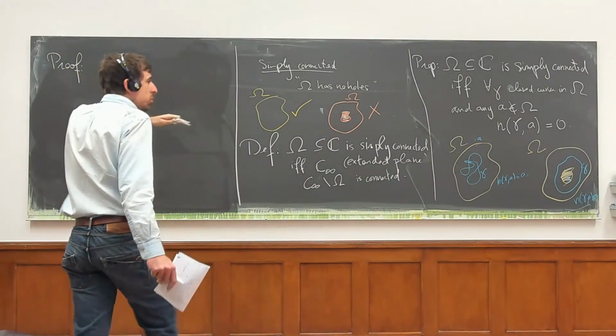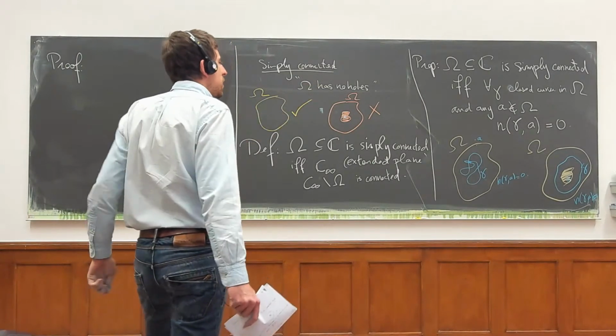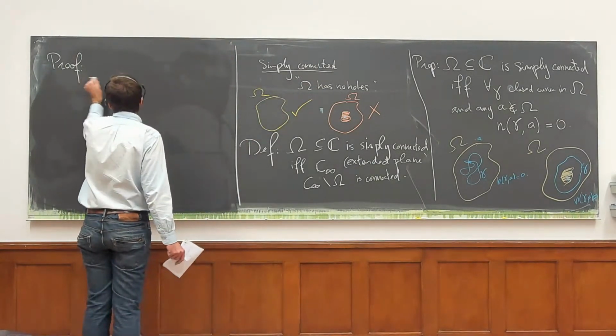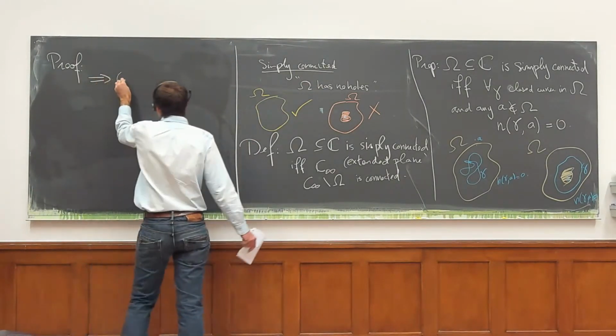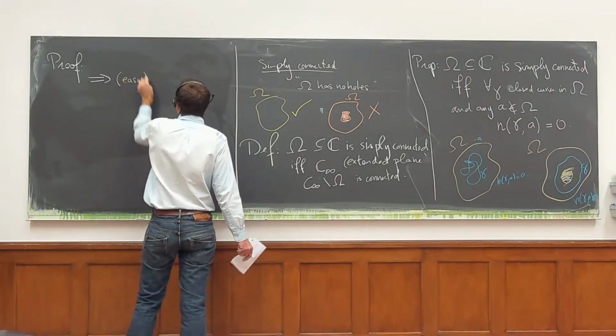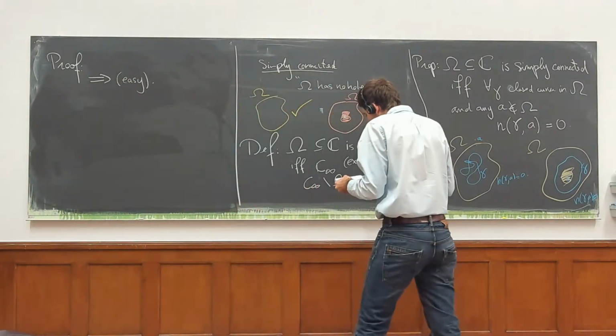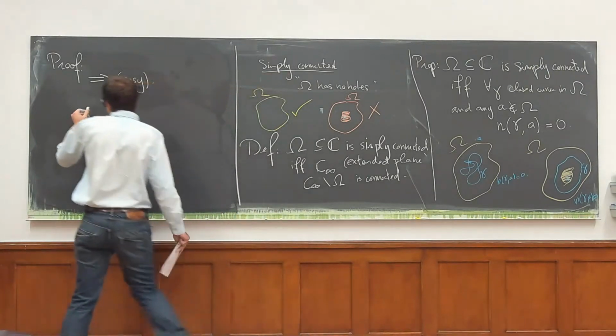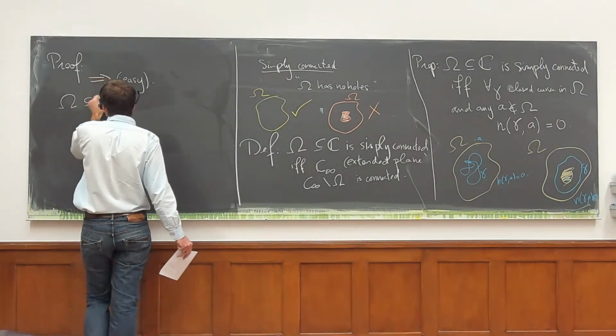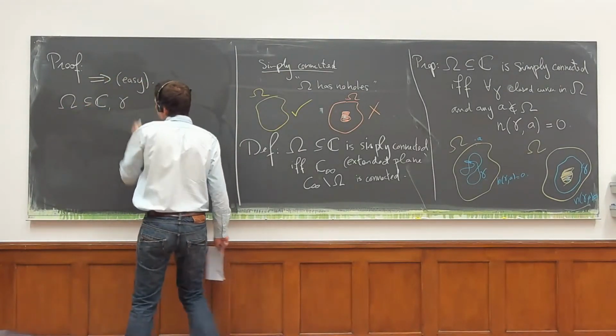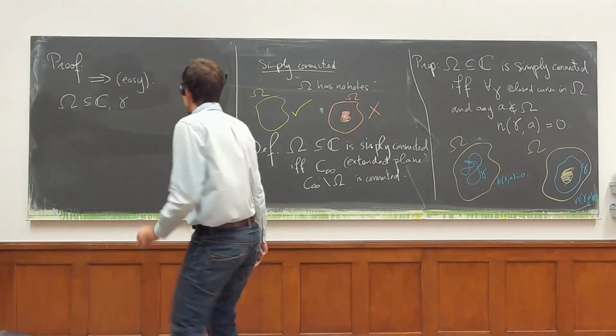Okay, so let me make sure which one is which. So simply connected, then any closed curve. Okay, so let's do this one. So this is the easy one. Okay, so let's take the region, and let's take gamma, my curve.